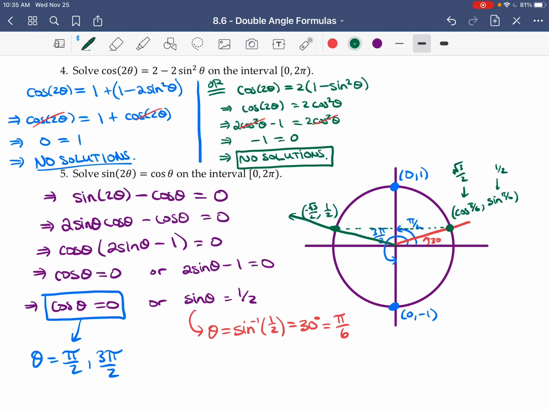Okay, so this angle here also has sine equal to 1/2. Okay, now the reference angle is going to be the same as the pink one. So that's going to be 30 degrees. So it's 180 minus 30, so 150, or 5 pi by 6.